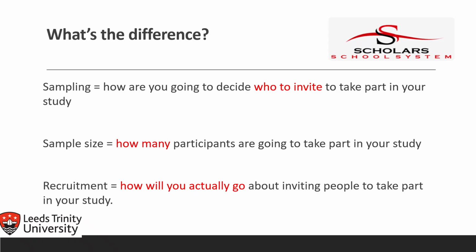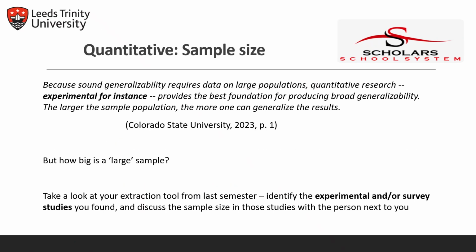Sampling means who to invite, like who will be your participants in your area of research or study. The sample size is how many participants will be involved in your study. Recruitment means how you will actually invite your participants in your area of study.